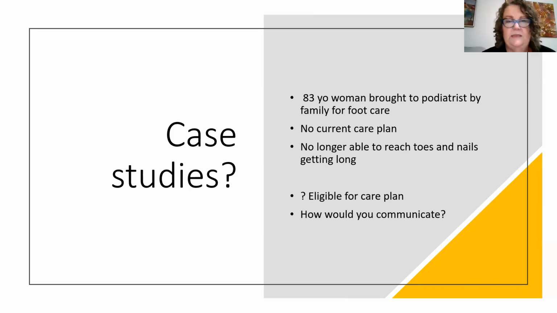So it might be better in this situation to write to the GP or pick up the phone and say, I'm seeing this person and I'm wondering if you think they're eligible for a care plan.